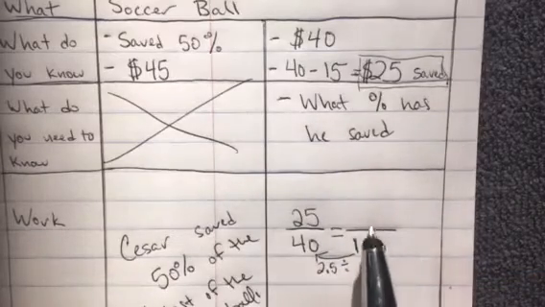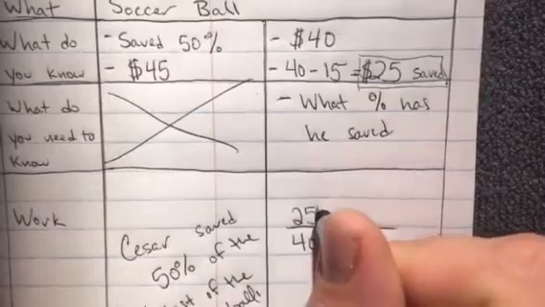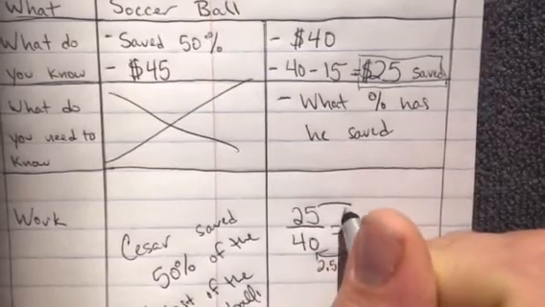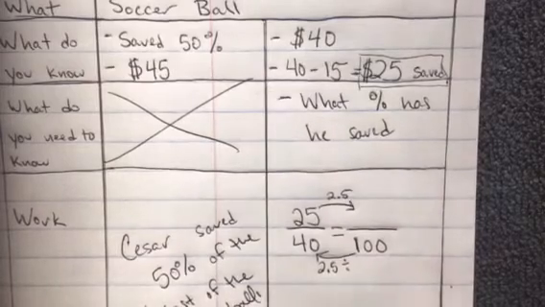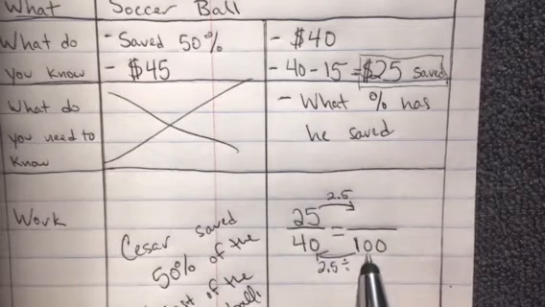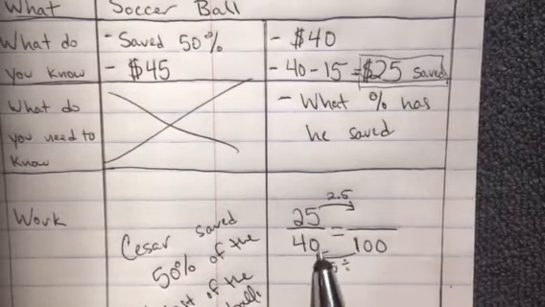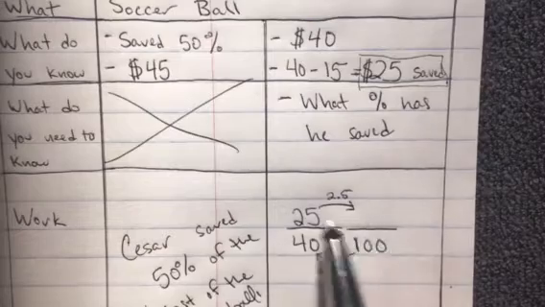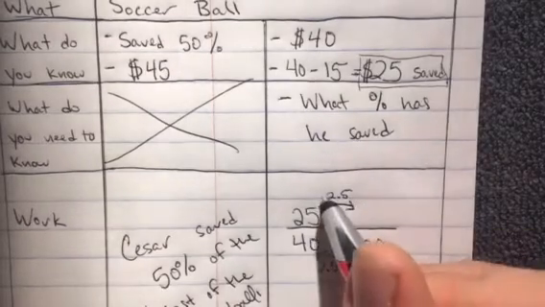Now what I have to ask myself is, for this missing number right here, I have to use 2.5 up here, but am I going to multiply or divide? Well, to figure that out, I have to look at this number below. If the 100 is bigger than 40, which it is, then this number up here has to be bigger than 25. In order to make it bigger, I have to multiply, not divide.